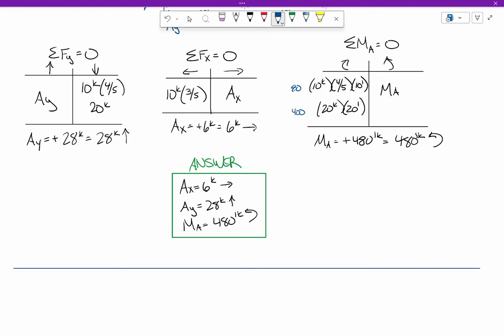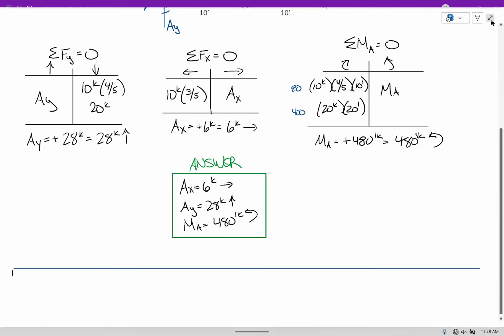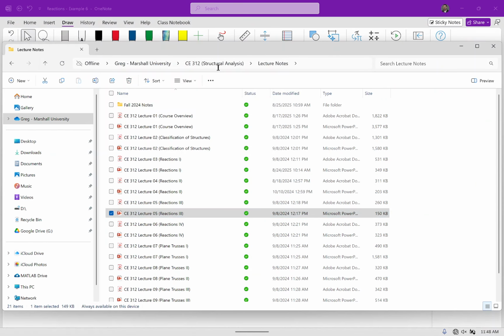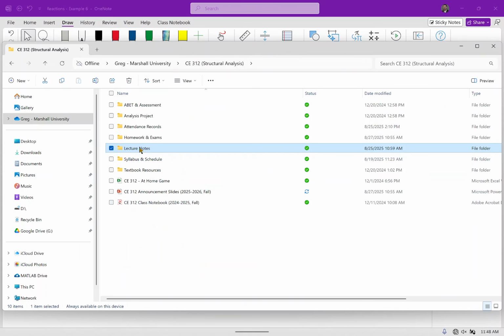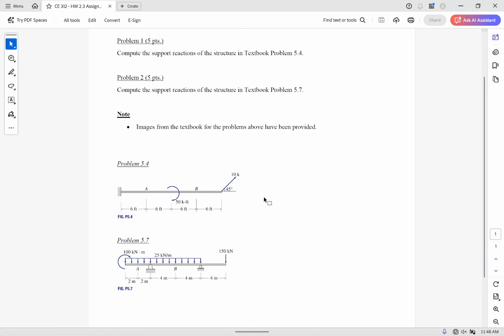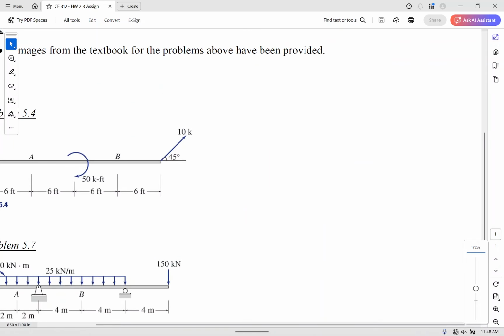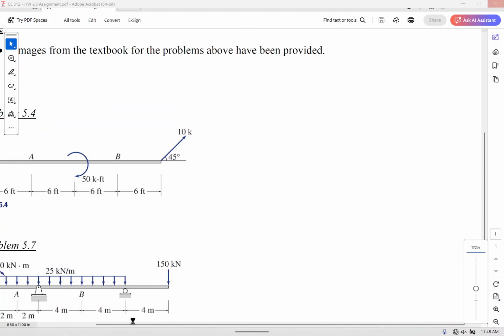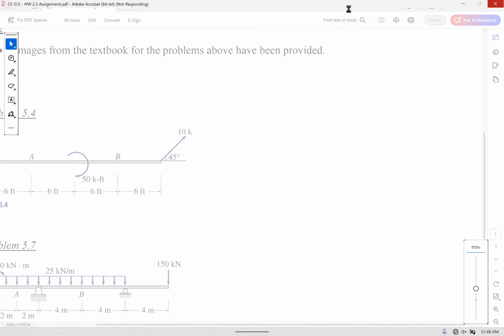Okay, I just want to show you something real quick on the homework. Come on. All right, so I will say that one of the problems is in metric.